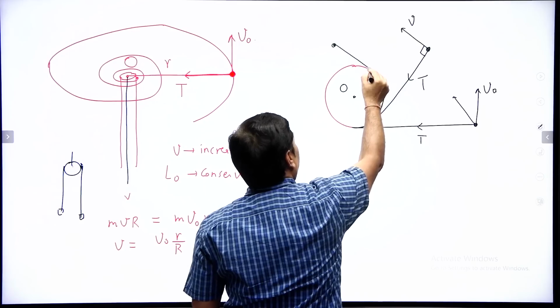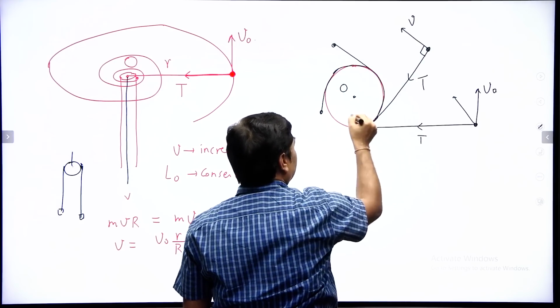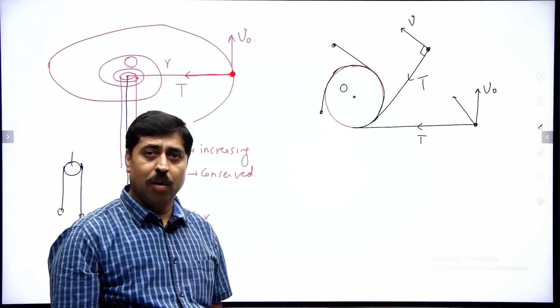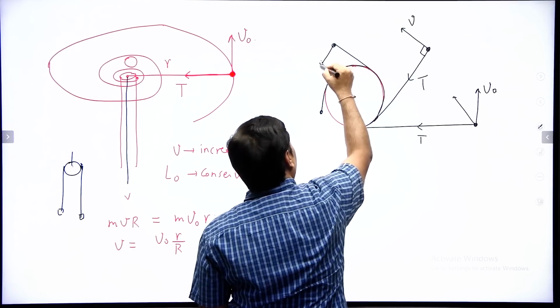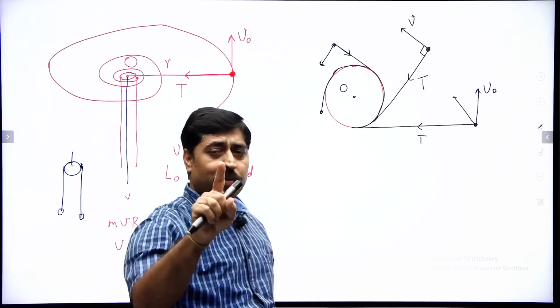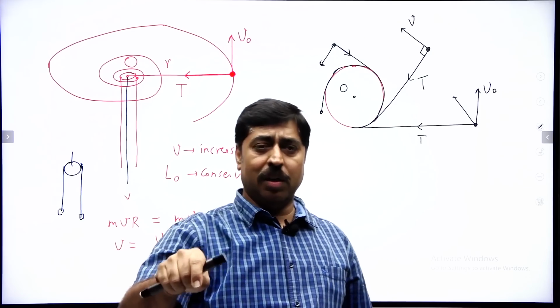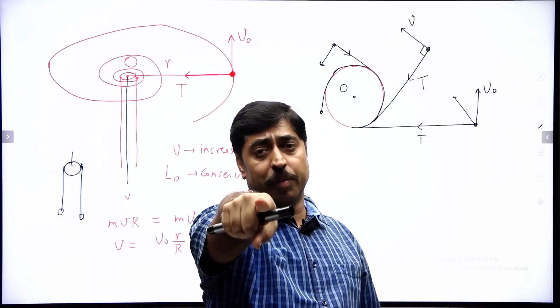After some time, it is going to be like this, and soon after this it is going to hit the pole. But at any instant of time, the velocity of the particle is perpendicular to the length of the string. Therefore, tension is not performing any work, and if there is no work done on the particle, its kinetic energy will remain conserved.